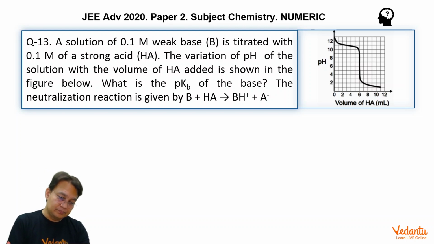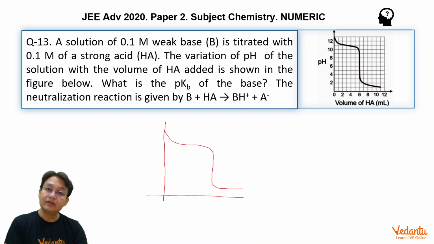Now the graph is giving you the information, and you have to read everything from the graph. In the graph, you'll find that it is initially like this, then it is getting straightened up, and then it is going like this. The meaning of this straight line is that the titration is complete at this point.